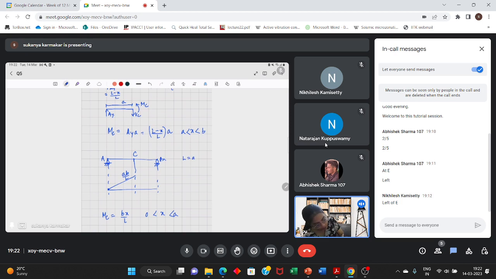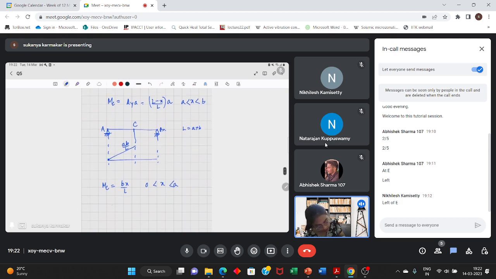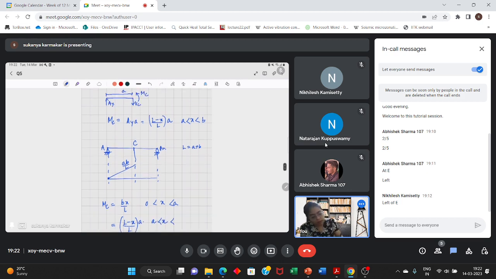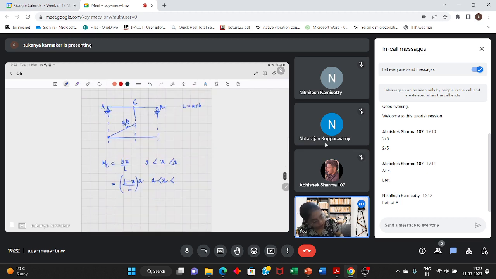L is equal to a plus b. And it is equal to (L minus x) by L into a when x lies between, sorry, I've written it wrong here, a to L. When x is equal to capital L, it is again 0.